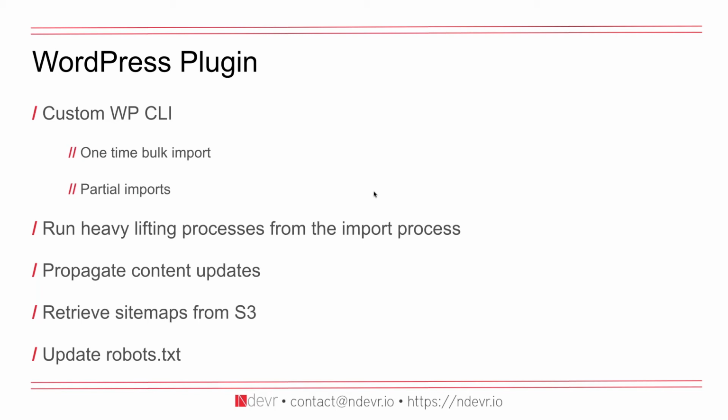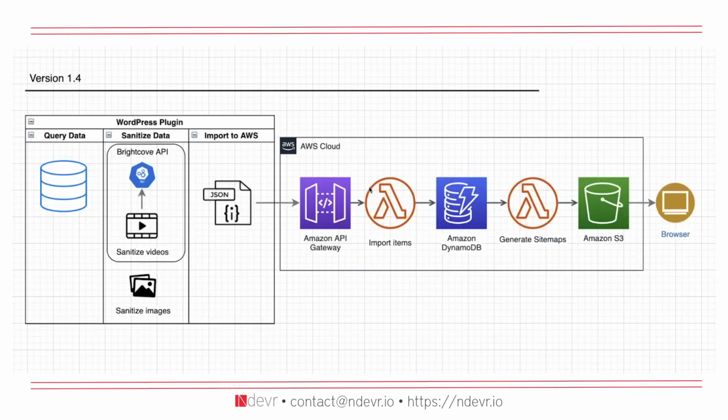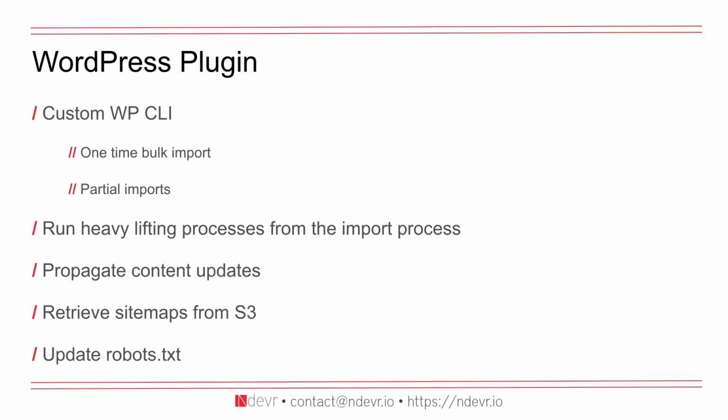That brings us to the WordPress plugin that we needed to talk to the AWS land. The plugin was pretty much doing the custom WP CLI to do the one-time bulk import or any partial imports.